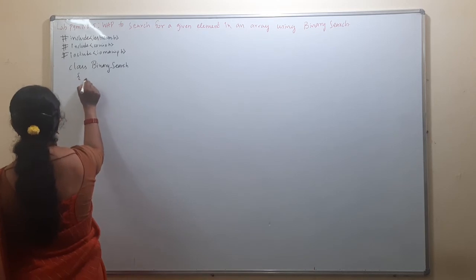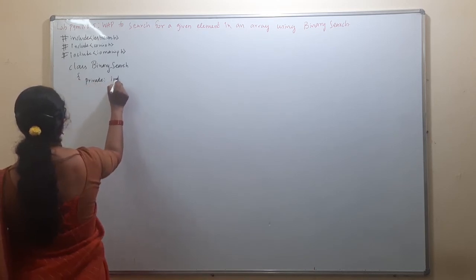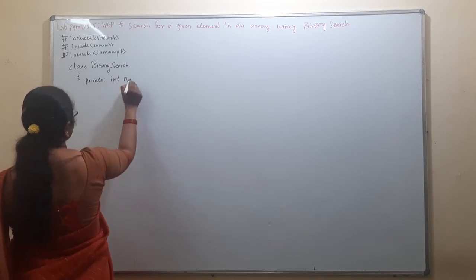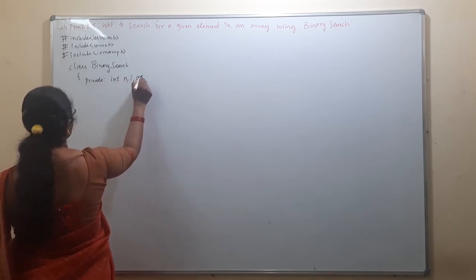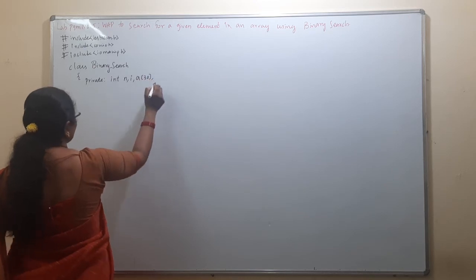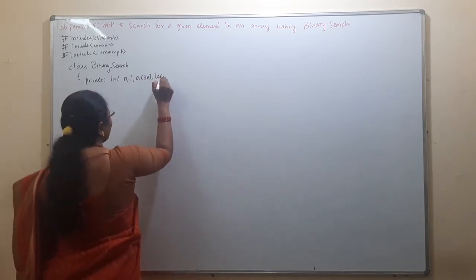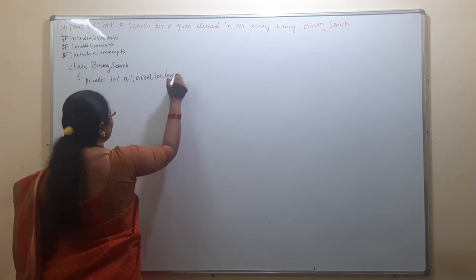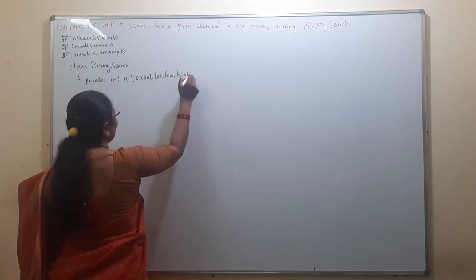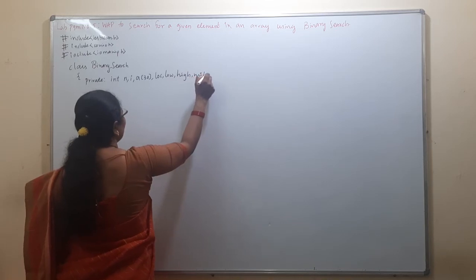The class contains private data members: int n for array size, i for index, a of 30, and we need 3 pointers here, right? One is location, one is a low value, one is a high value, and we are finding the mid element.